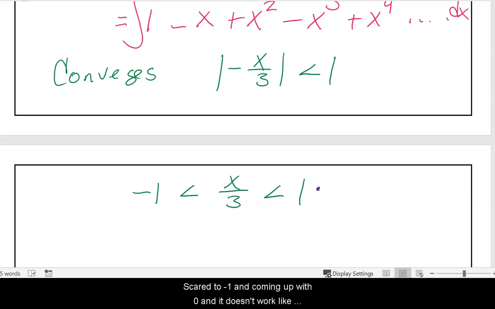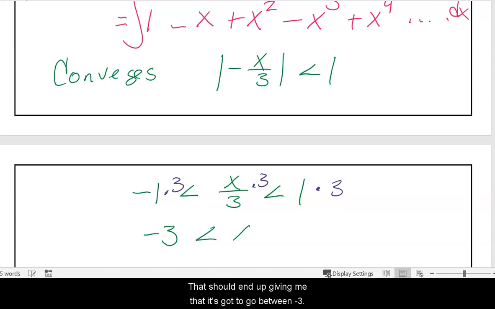So multiply by 3 on each of these, and slow. Okay. And that should end up giving me that it's got to go between negative 3 and 3. So the radius of convergence on that one would be 3.